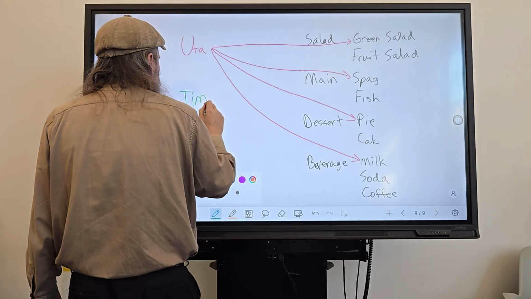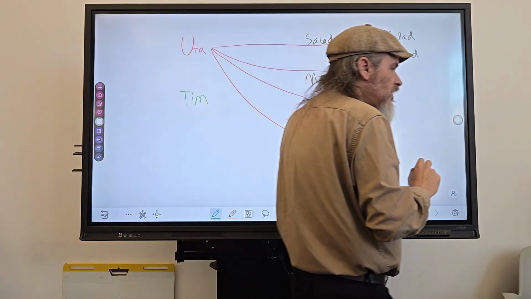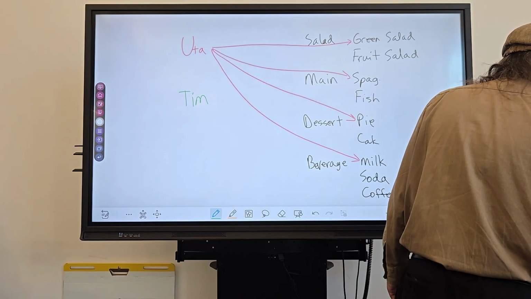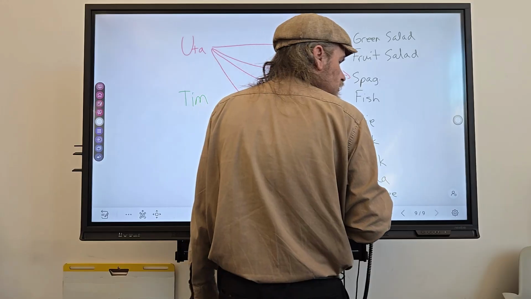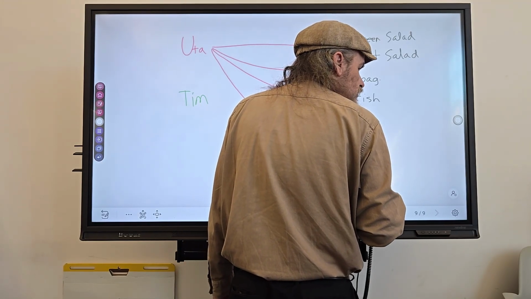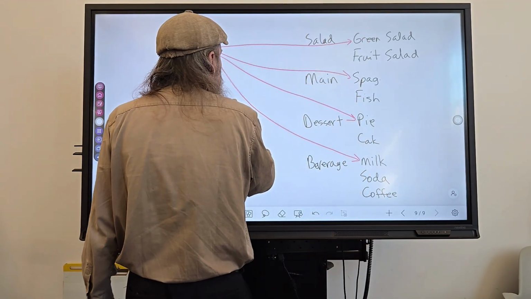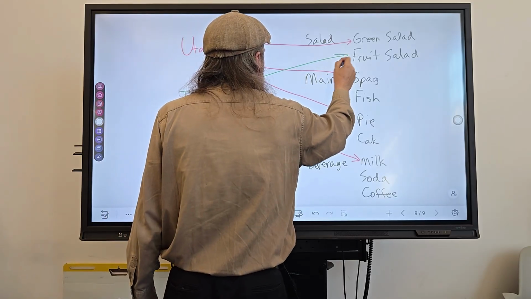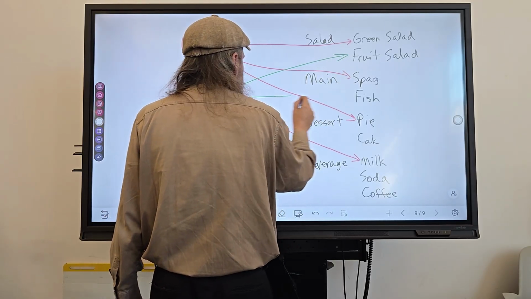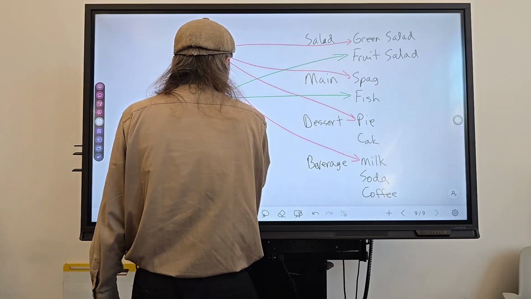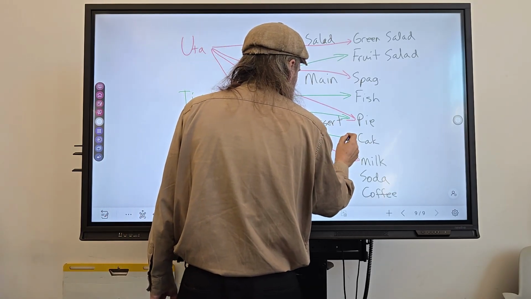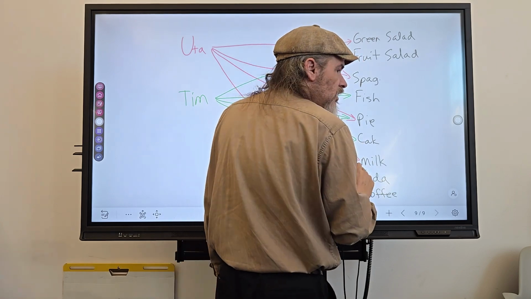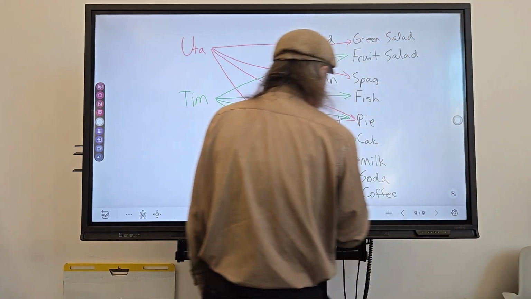Tim takes fruit salad, fish, pie, cake, and milk and coffee.